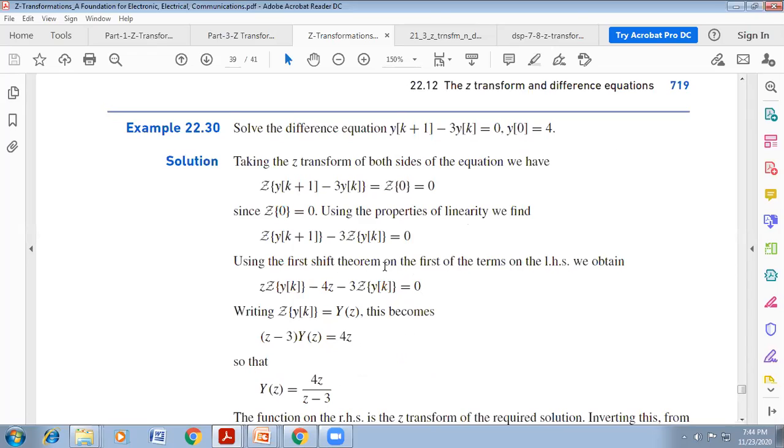Using the first shift theorem, which you have studied and used to solve different problems, on the first term on the left hand side, we obtain z times Y(z) minus 4z, minus 3 times Y(z), the Z transform of yk, equals 0.